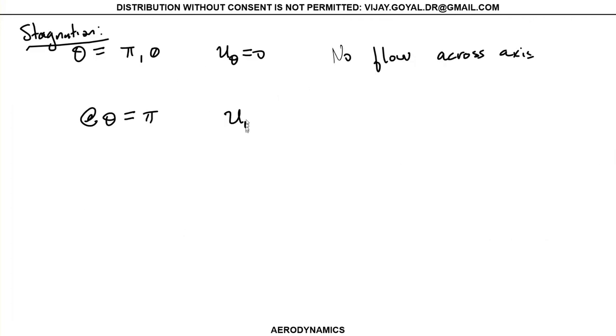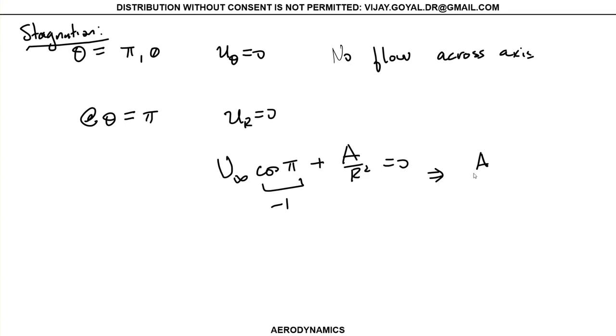So your UR has to be 0. So U infinite cosine of pi plus A over R squared has to be 0. And cosine of pi is minus 1. So from here, we find that A over R squared is equal to U infinite.